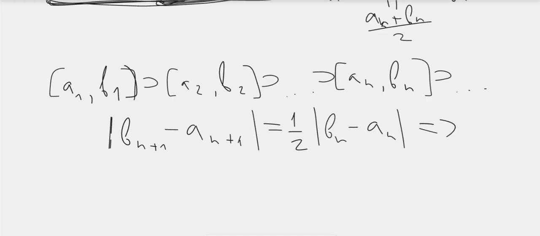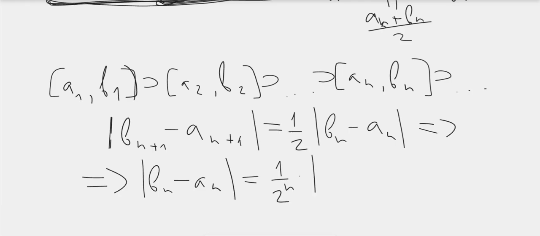So therefore, the length of the nth interval, bn minus an, when we expand this chain of quantities, will be 1 over 2 to the power of n times the original interval b1 minus a1, or b minus a, which is the same thing.